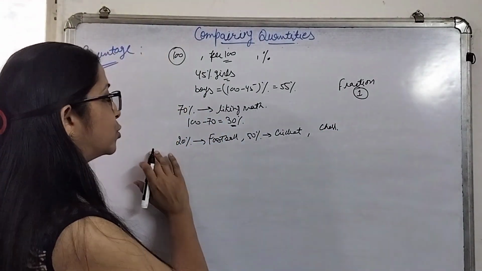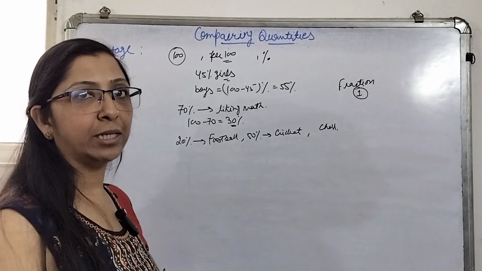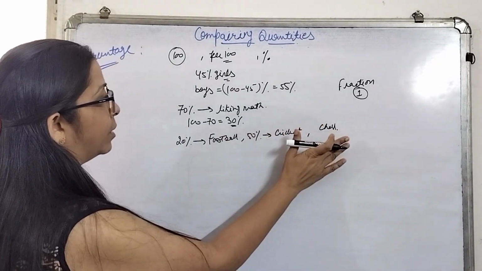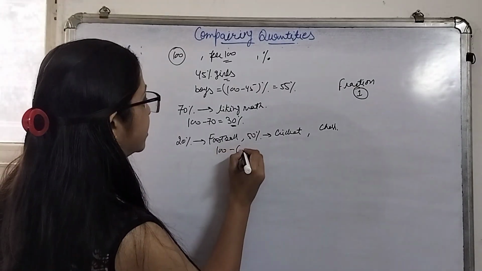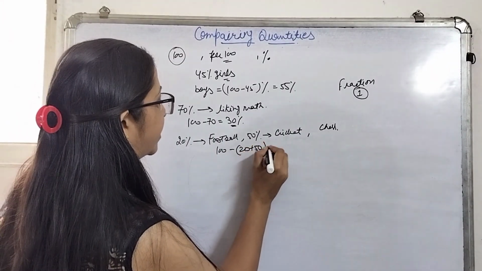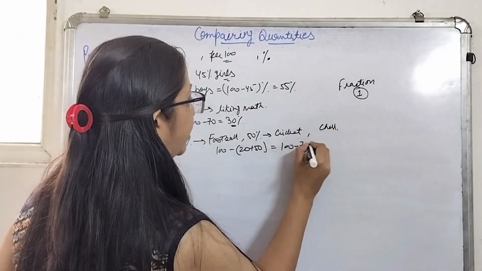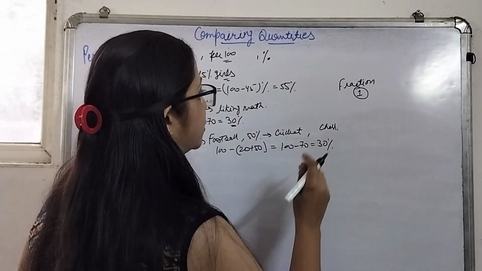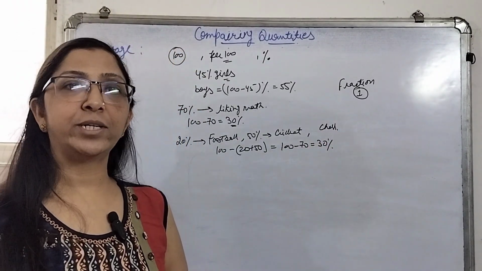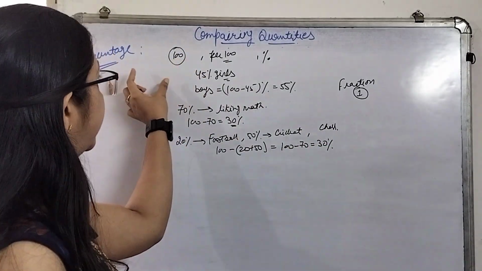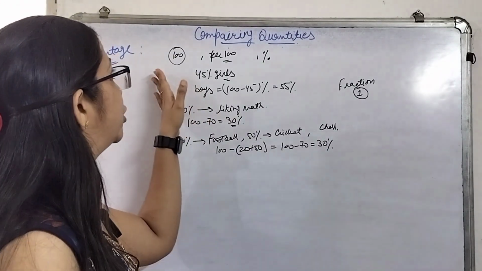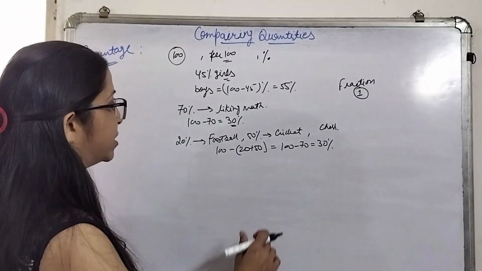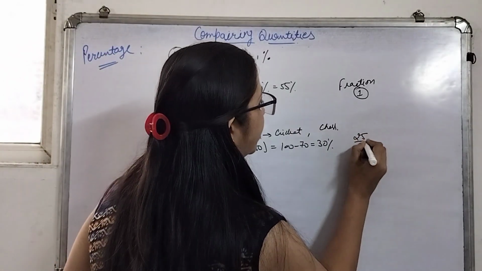Because the total is always 100 whenever we are talking about percentage, the percentage of students who like chess will be 100 minus 20 plus 50, that is 100 minus 70, or we can say 30% of the students like to play chess. So whenever we take any fraction with the denominator 100, we say it to be percentage. Like if I am saying it is 25 upon 100.